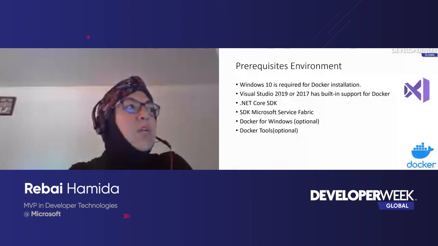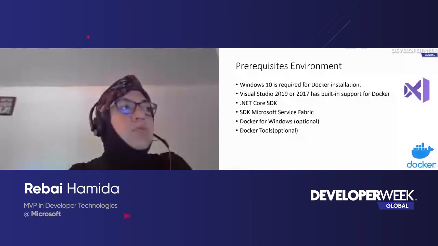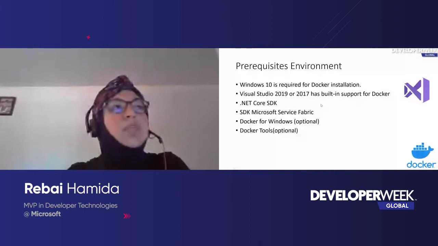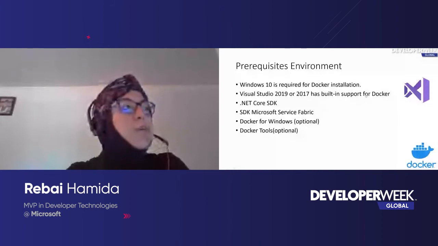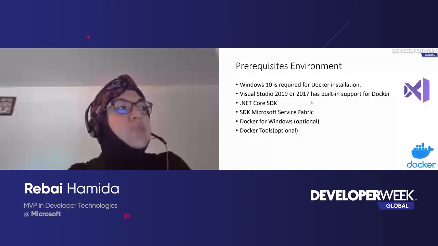We need Visual Studio 2019 or 2017, the important thing is that it has built-in support for Docker and for Service Fabric. We need the .NET Core SDK, the Microsoft Service Fabric SDK, and we'll share the link after, and Docker for Windows and the tools.